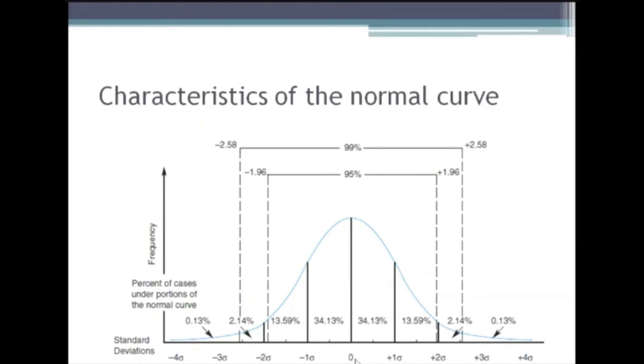Once the data starts moving towards the left side of the curve, remember one thing: the left side of your curve will be negative in standard deviation, and the right side of the curve will be positive. Positive and negative will always be represented when you quote any standard deviation. You must mention that your data is negatively and positively distributed in how much standard deviation, so you must write both the positive and the negative value.